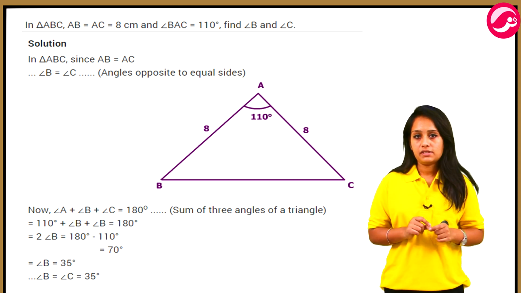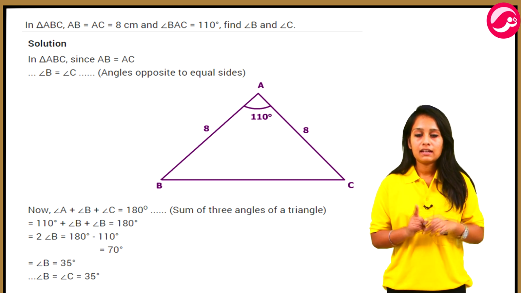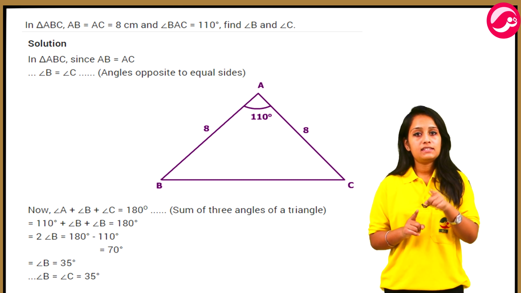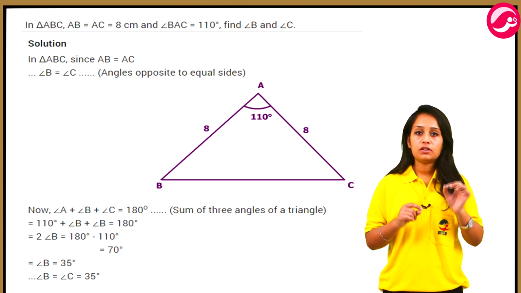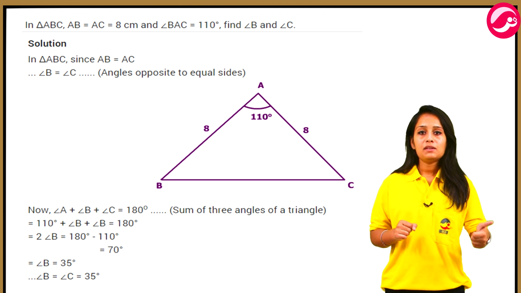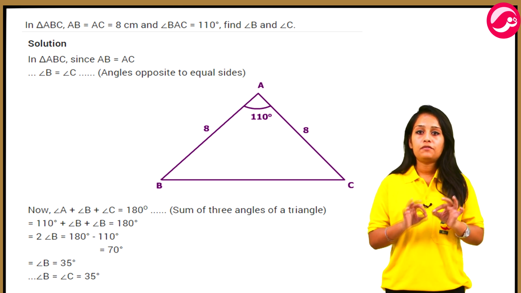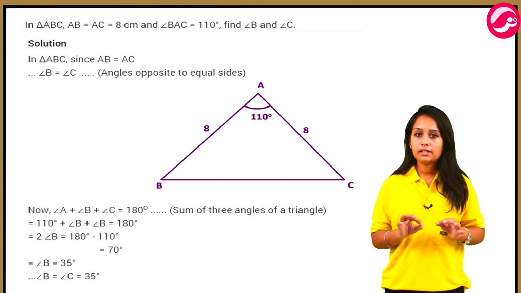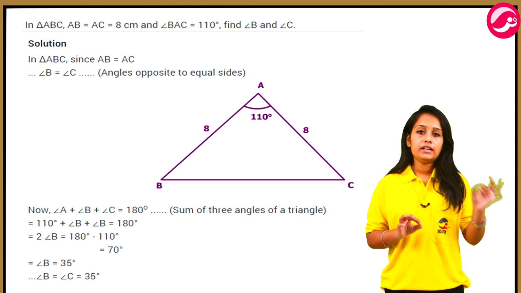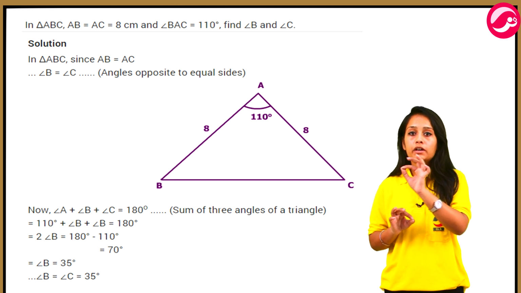Now the solution goes as, in triangle ABC, since AB is equal to AC, therefore angle B is equal to angle C. That is because angles opposite to equal sides are equal. Now angle A plus angle B plus angle C is equal to 180 degree because the sum of three angles of a triangle is equal to 180 degree. Therefore 110 degree plus angle B plus angle B is equal to 180 degree.